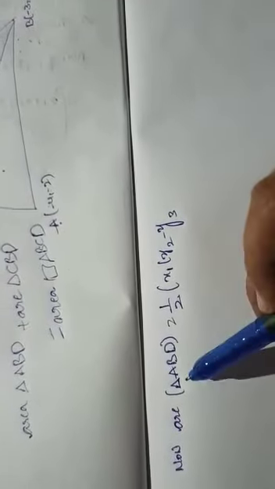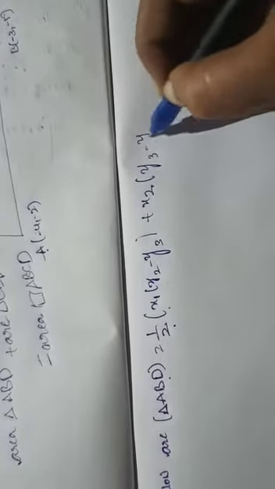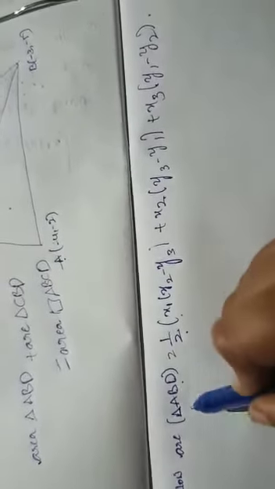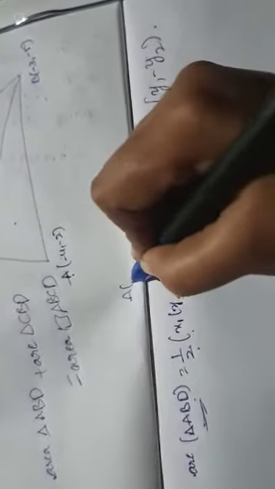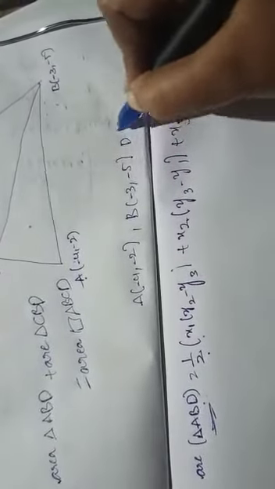Now the area of the triangle ABD. We know the area of the triangle formula: 1/2 into x1 into (y2 minus y3) plus x2 into (y3 minus y1) plus x3 into (y1 minus y2). Here the vertices are A(-4, -2), B(-3, -5) and D(2, 3), that is x1 y1, x2 y2, x3 y3.